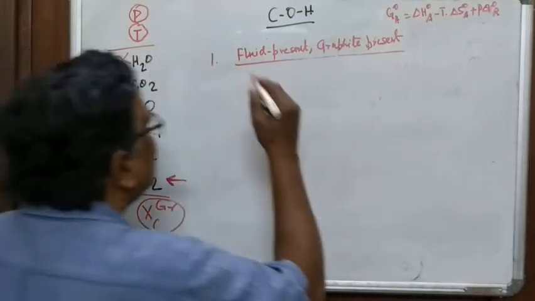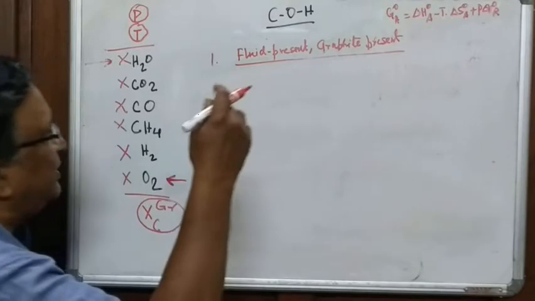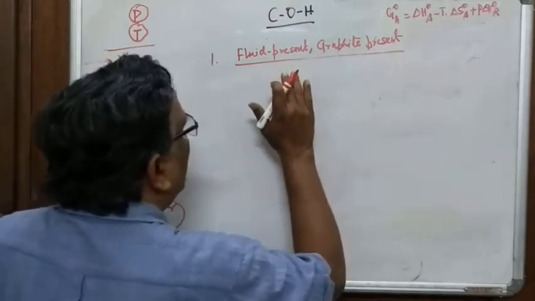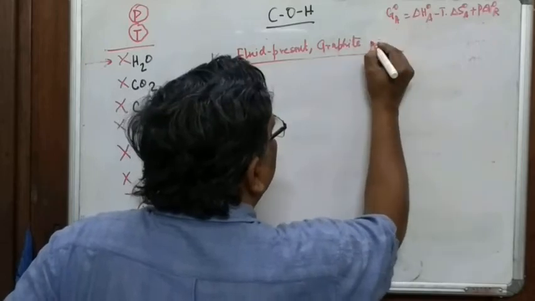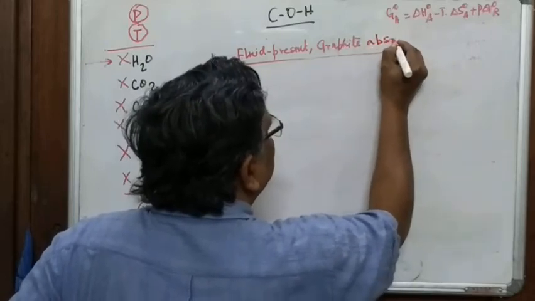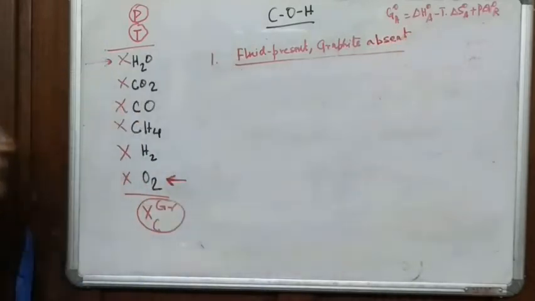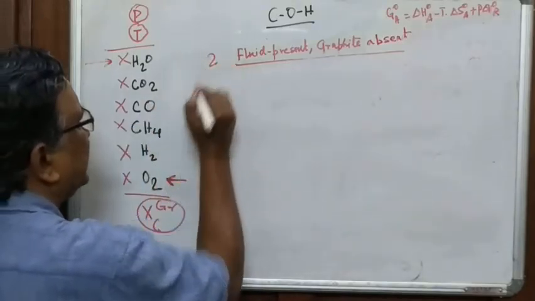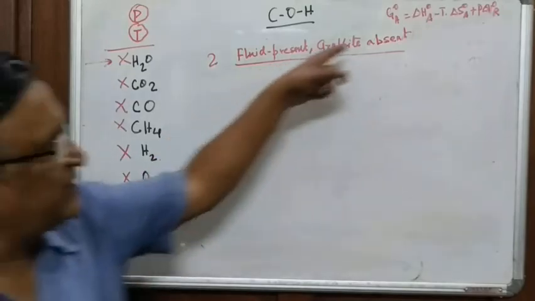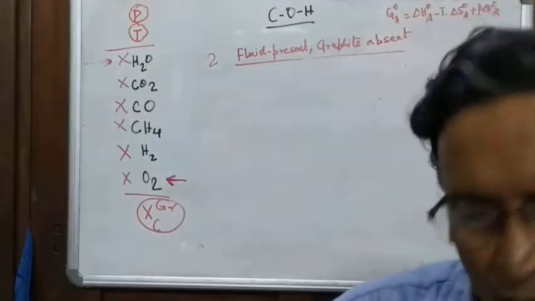Let's do it. Okay, let us look at this. Graphite absent. This is, I think, case 2. It does not matter, we have 4 cases. We can deal with it. Fluid present, graphite absent.